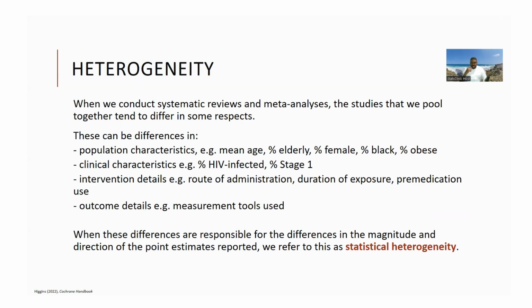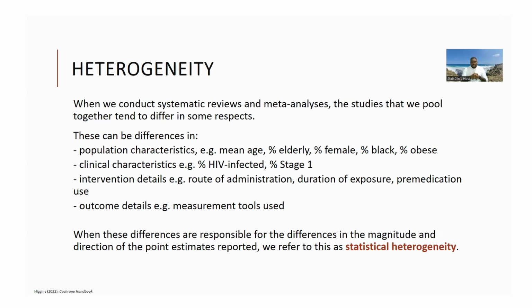So maybe, for instance, like in the example that I used earlier, some studies might have assessed anthropometry using BMI, while some other studies might have used maybe better tools such as MRI, or different tools like calipers to assess skin thickness, all those kinds of things.